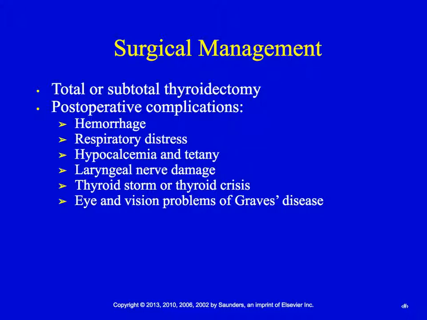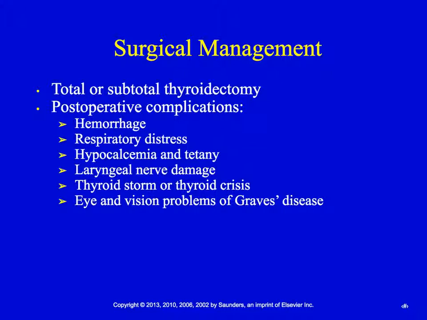So these patients, if they lose their thyroid gland, or typically part of it, then they are going to have to be on thyroid hormone supplements for the rest of their life. This is a lifelong treatment because they no longer have a thyroid gland that makes that thyroid hormone that we all need to keep our metabolism normal.